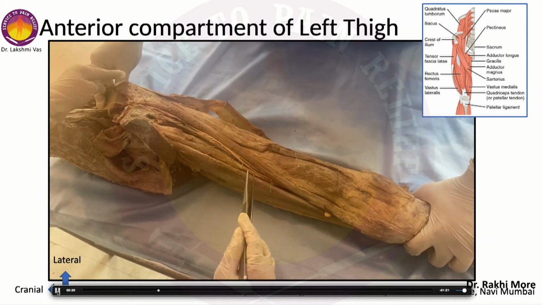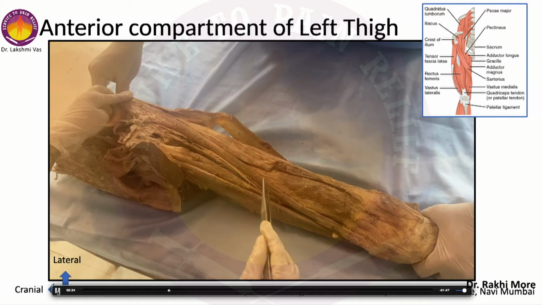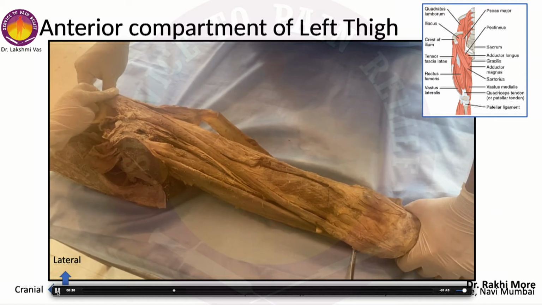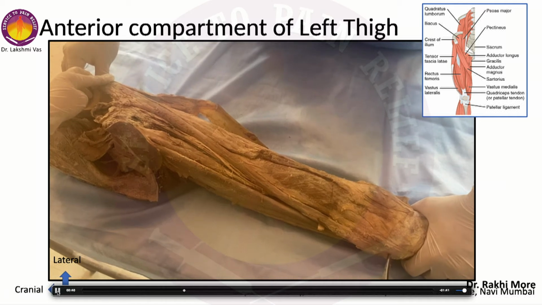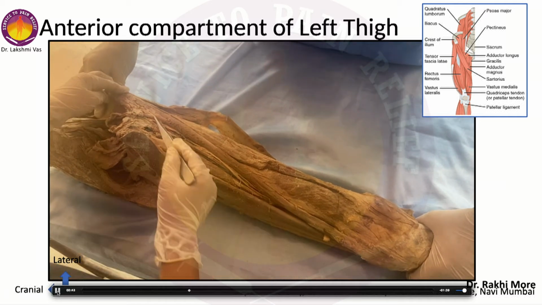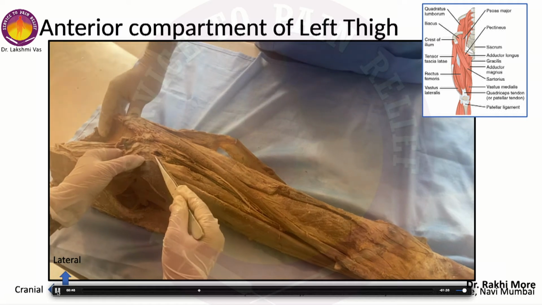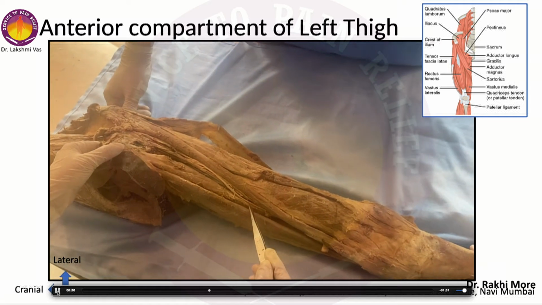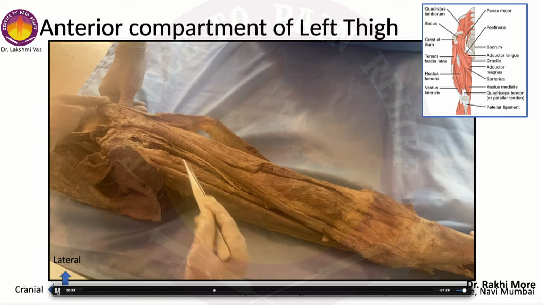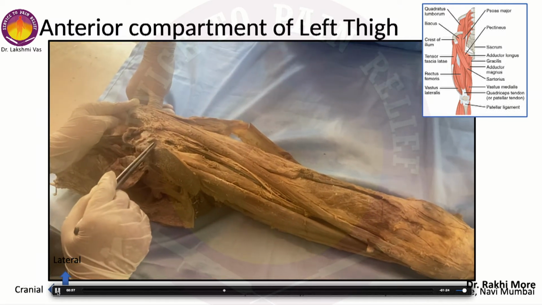The sartorius takes its origin from the anterior superior iliac spine and gets inserted on the medial surface of the medial condyle of the tibia. The medial border is formed by the medial border of the adductor longus muscle, and the base of the femoral triangle is formed by the inguinal ligament.